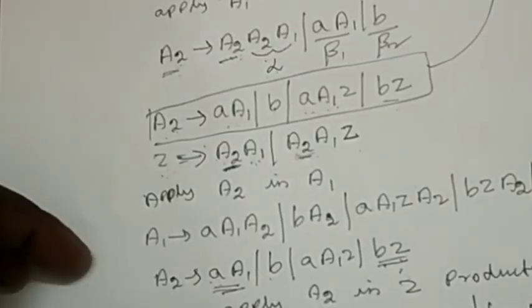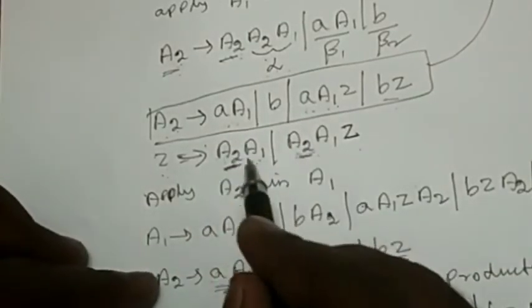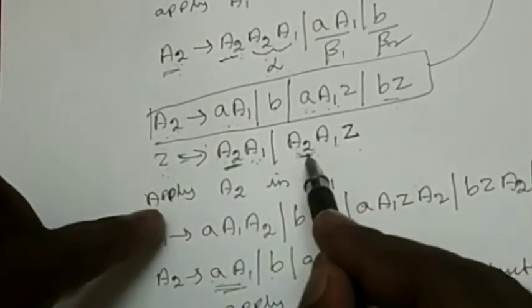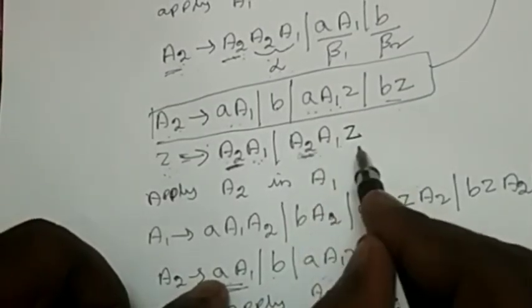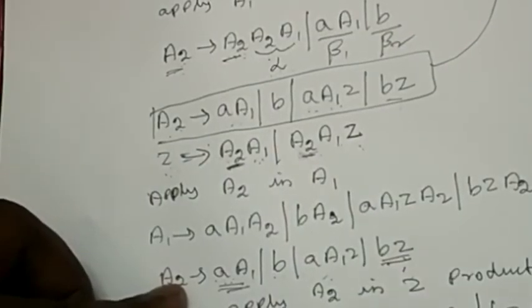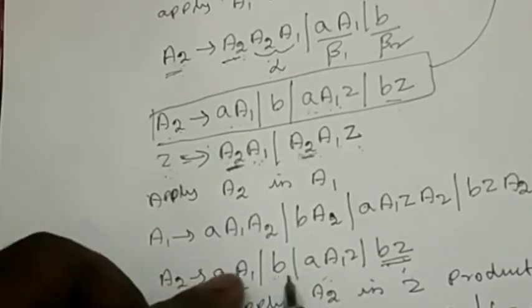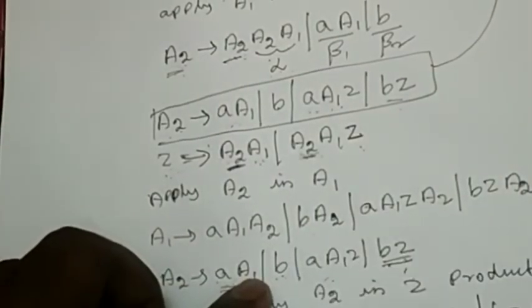Again I write Z. Z tends to, now apply A1 in A2 Z. So when I apply it, A1 bar. Now apply B here in A2, B A1.